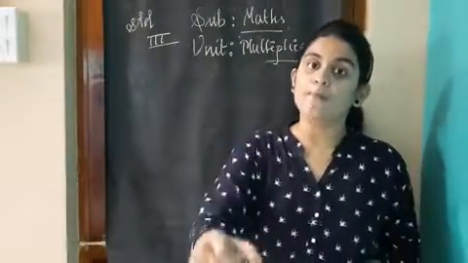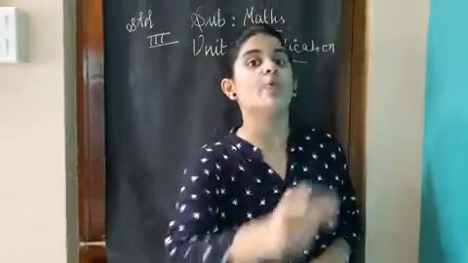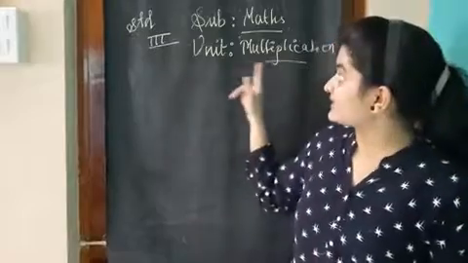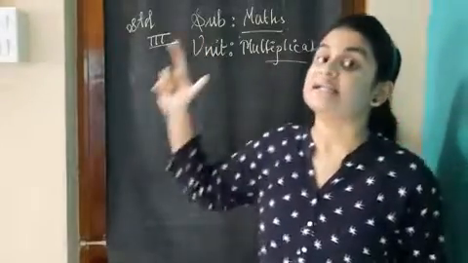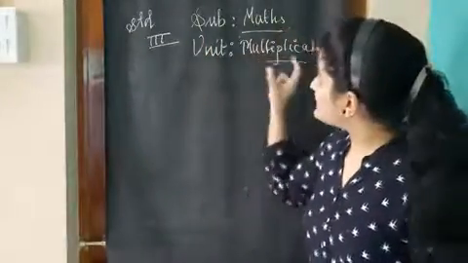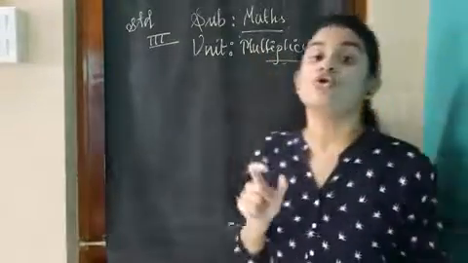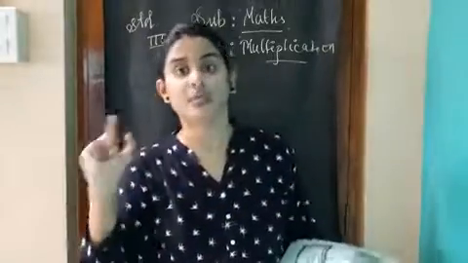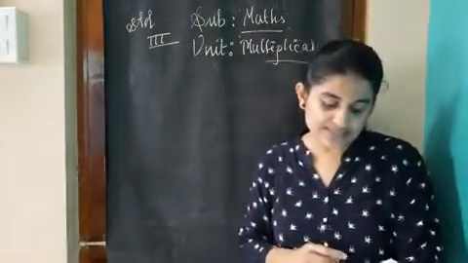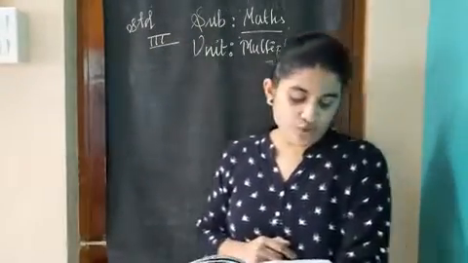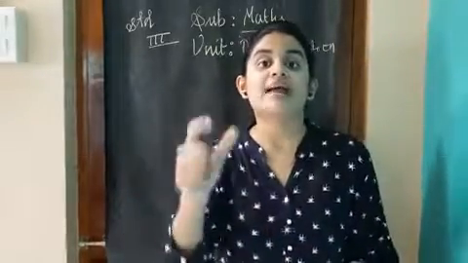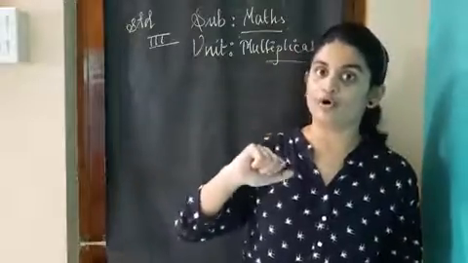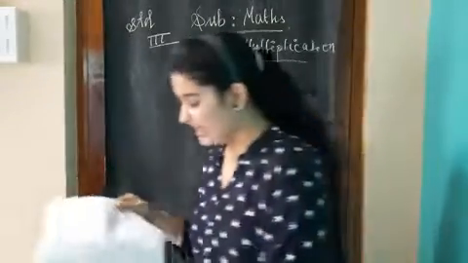I hope you must be knowing tables from 2 to 20. So students, this lesson is based on tables. For this lesson or concept, you need to know all the tables from 2 to 20. Okay students? So now let us solve some examples of multiplication on the blackboard.